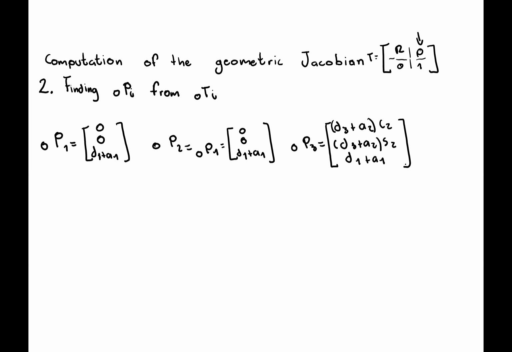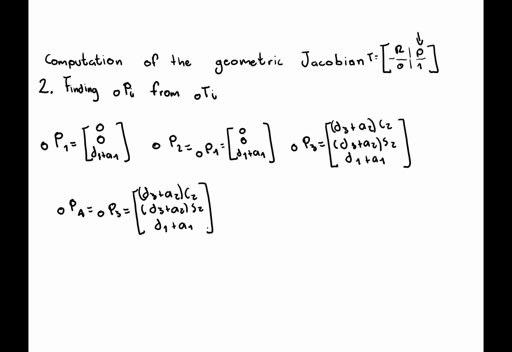Then 0p4 is actually equal to 0p3. So this is basically d3 plus a2 times cosine 2, and then d3 plus a2 sine 2, d1 plus a1.